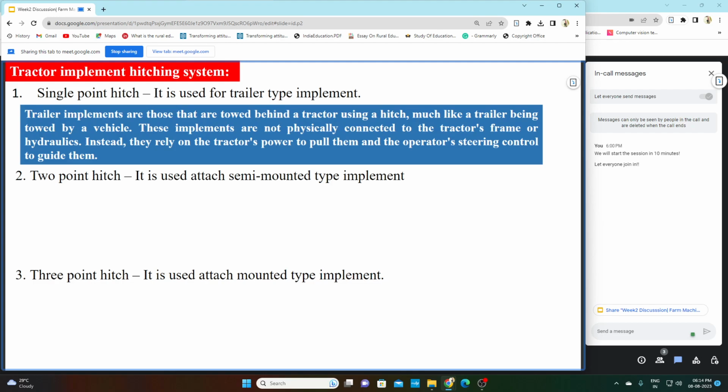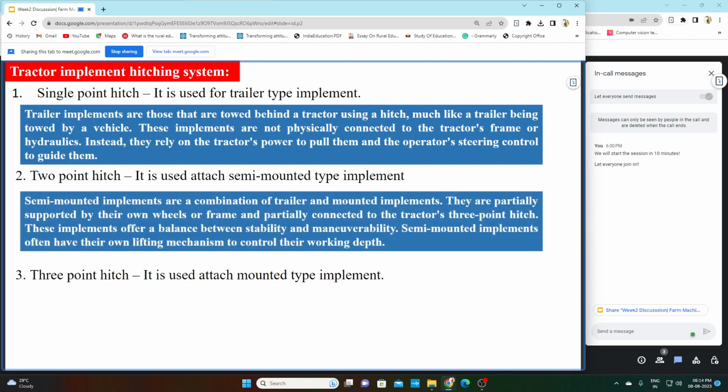These trailer implements are not physically connected to the tractor's frame or hydraulics. Instead they rely on tractor power to pull them, not any hydraulic contact or other contact. So this is known as trailer type implement.